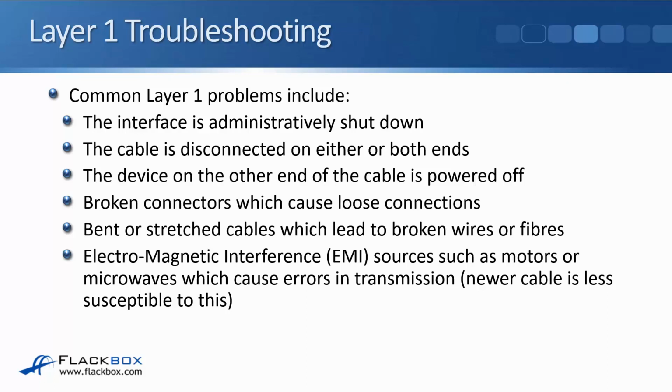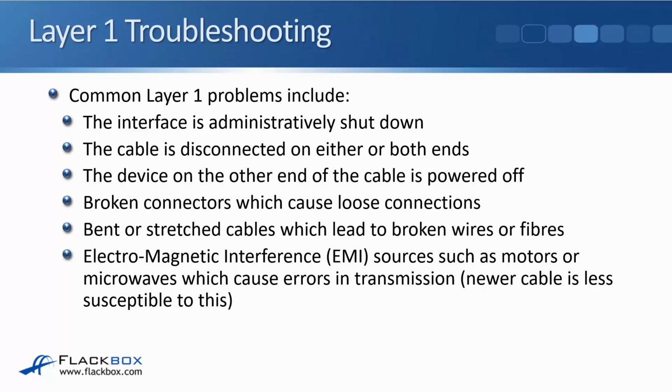So if you configure an interface on a router, remember to do the no shutdown command. Next one, if the cable is disconnected on one or on both ends, then obviously you're not going to have any traffic going through there. Also, if the device on the other end of the cable is powered off, then you're not going to have any traffic going through there either.